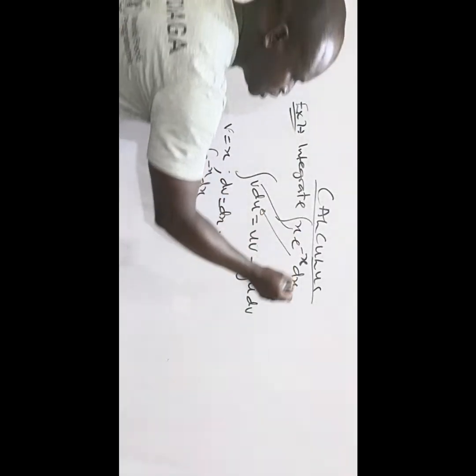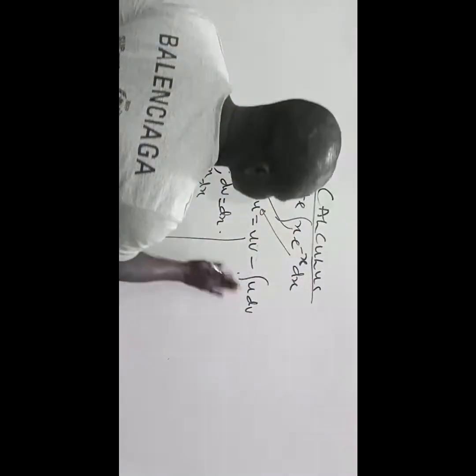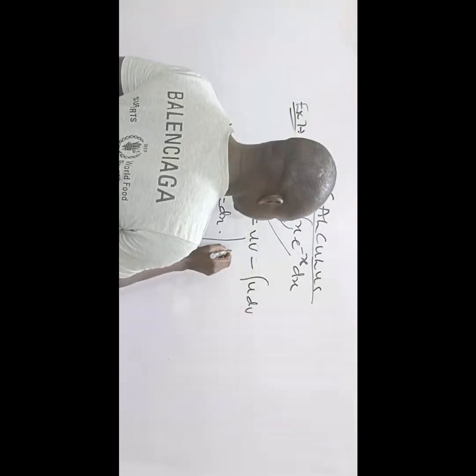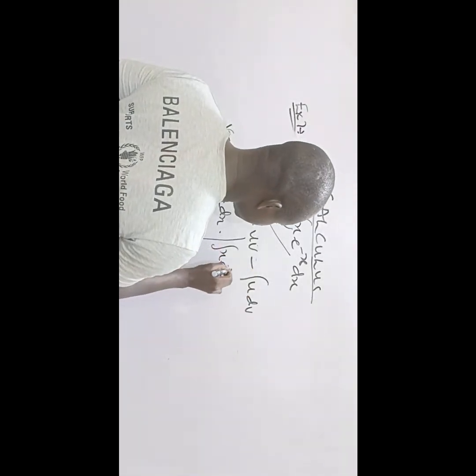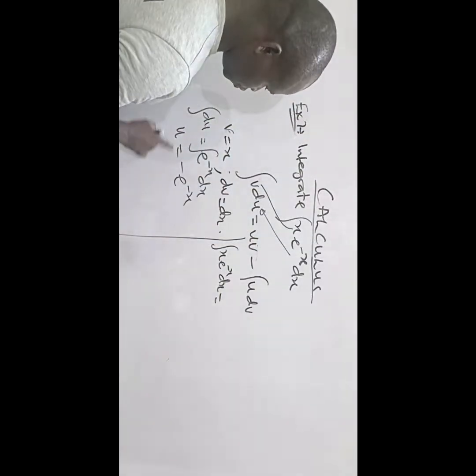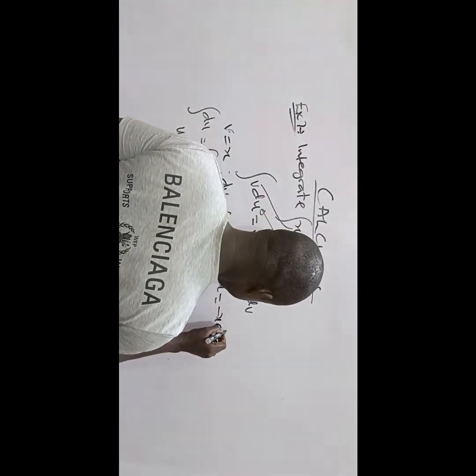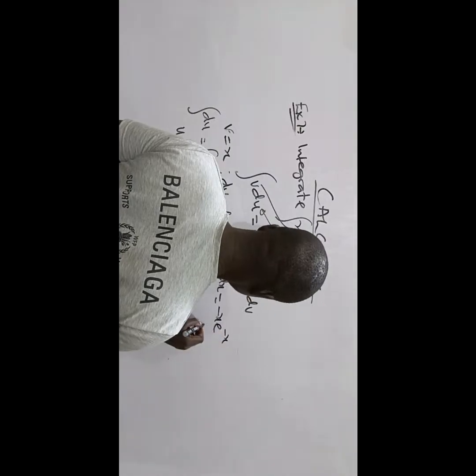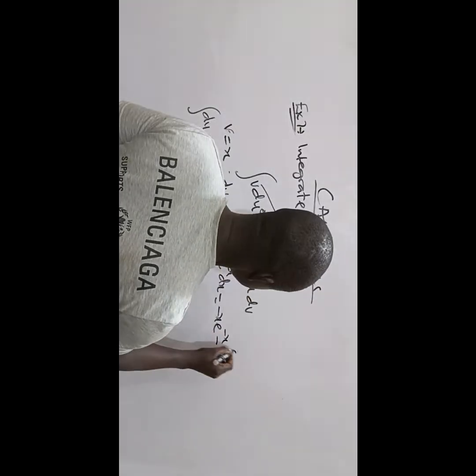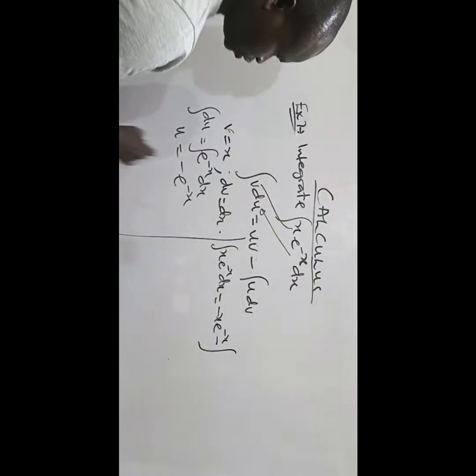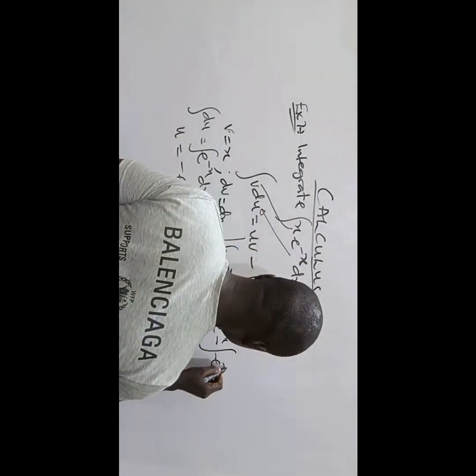So what we are given can now be expressed as integral x e minus x dx will now be u times v. What is u? U is minus e minus x. V is x. So I'm going to get minus x e minus x. Okay, minus integral. This is u, minus e minus x.